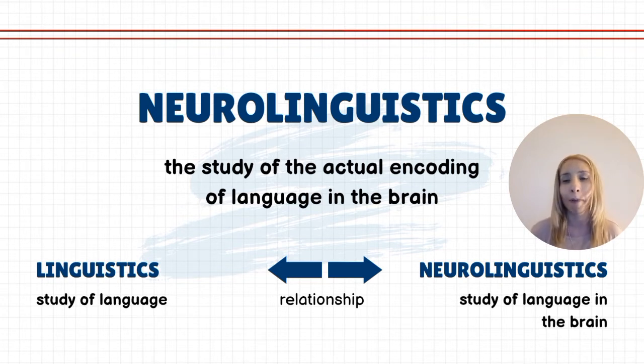It involves what parts of the brain different aspects of language are stored in, what is physically going on in the brain when language is processed, or how the brain compensates when certain areas are damaged. So neurolinguistics is the study of the relationship of language and the brain.